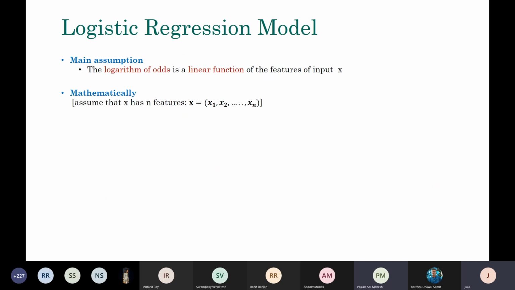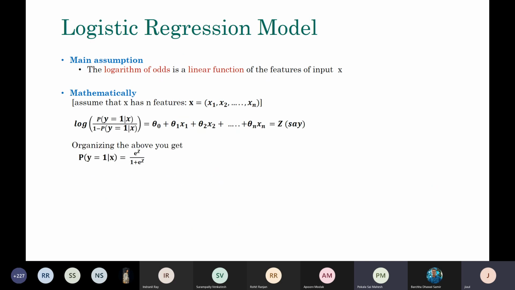I'm running through this quickly because I've covered it. The assumption is that the linear combination of the features is the log odds, and then when you equate this, you get e to the power z divided by 1 plus e to the power z, where z is the linear combination of features with the appropriate weights, theta 0 up to theta n. Theta 0 up to theta n are called the model parameters, which we need to estimate, and x1 up to xn is the feature vector, which is known to you.